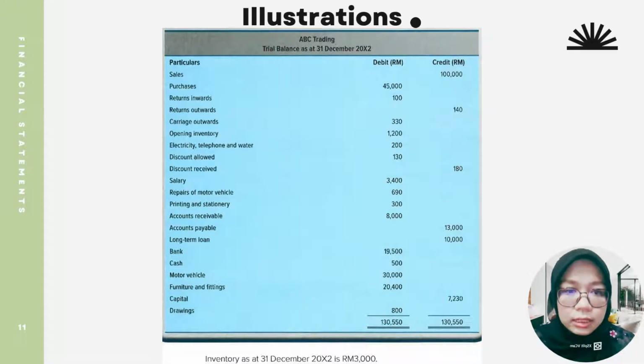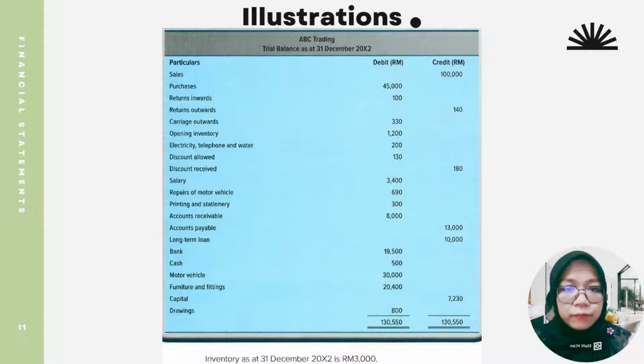This is the example of the question that you can get for this chapter. You will be given a trial balance for a business. For example, in this illustration, ABC Trading, the trial balance is at 31st December, and you should prepare the statement of financial position and also the statement of profit or loss for ABC Trading.